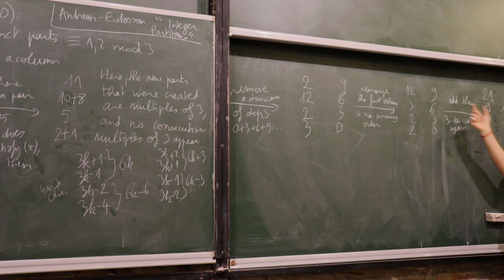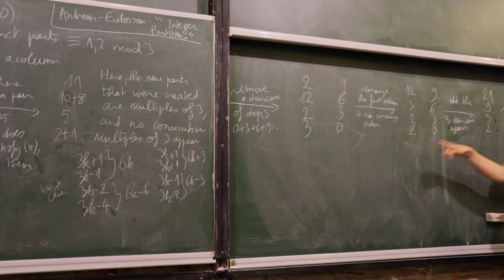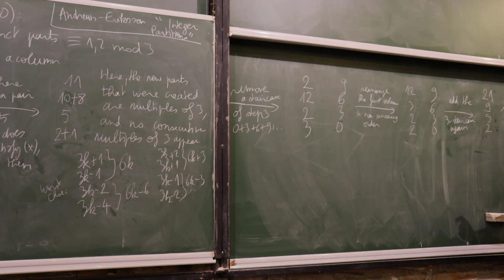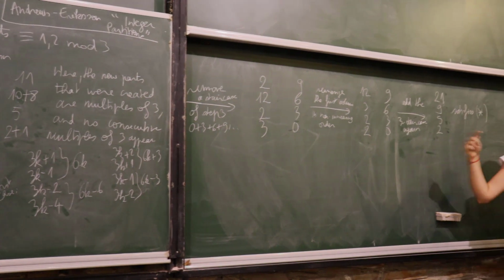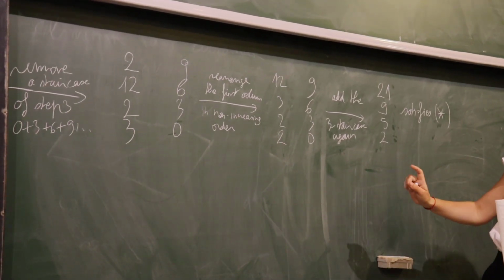So first of all, as I said before, if you take whatever partition and you add a free staircase, actually, when I write free staircase, it's the same as staircase of step 3. I use different words, I'm sorry for that. So if you have the free staircase, then definitely you will always have a partition with difference at least 3 between two consecutive parts. So this is almost star already.